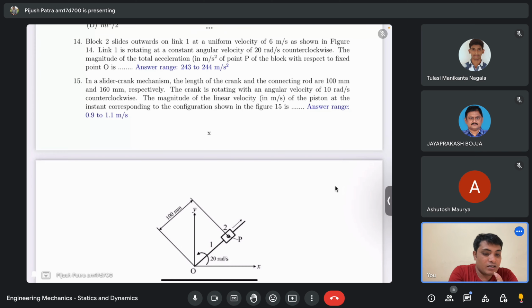Omega is perpendicular to the xy plane, and r is along the xy plane, so omega cross r will be along which directions?